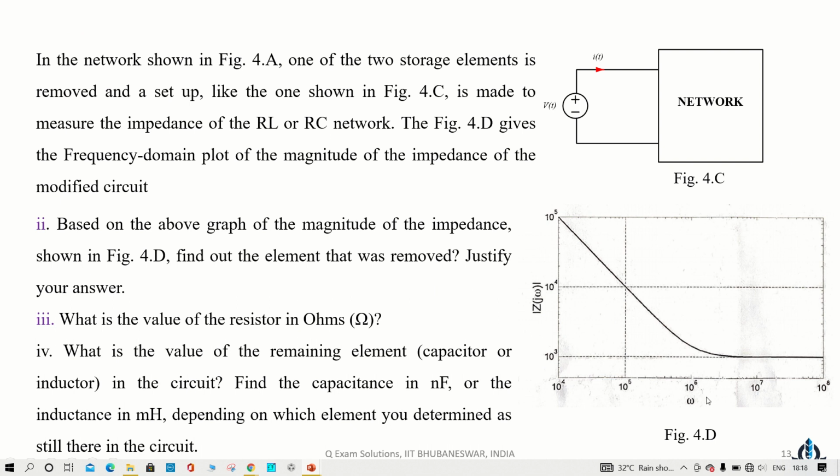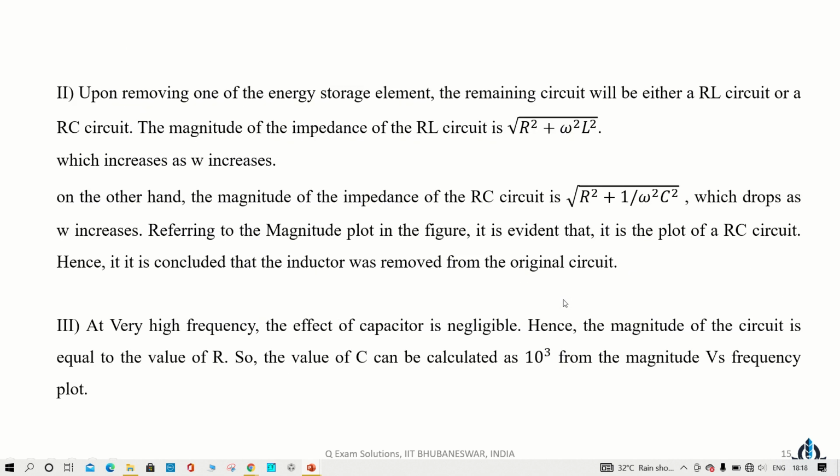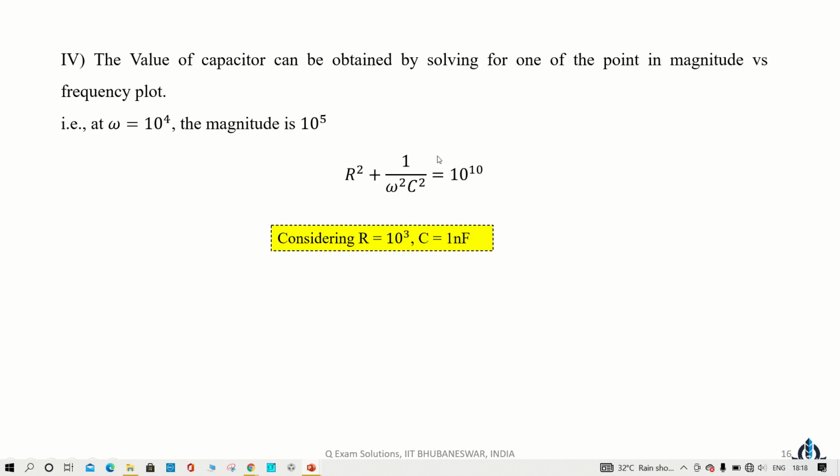At a very high frequency, that value is only for R, not for C. But at low frequency, that value comes from both. So you find the slope of the graph, and you can get it like that.